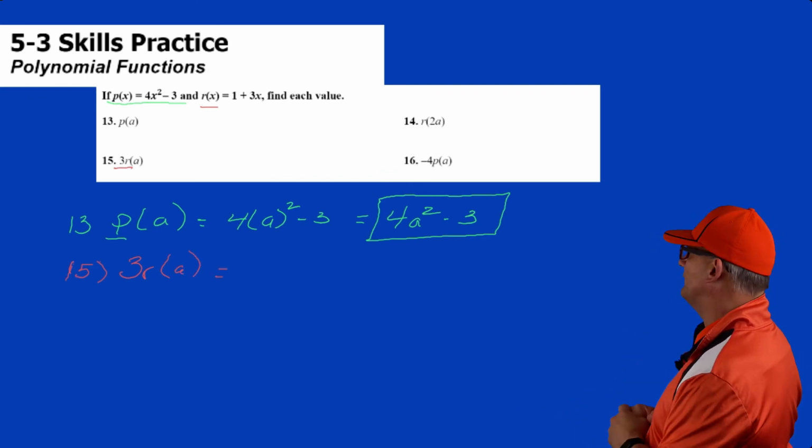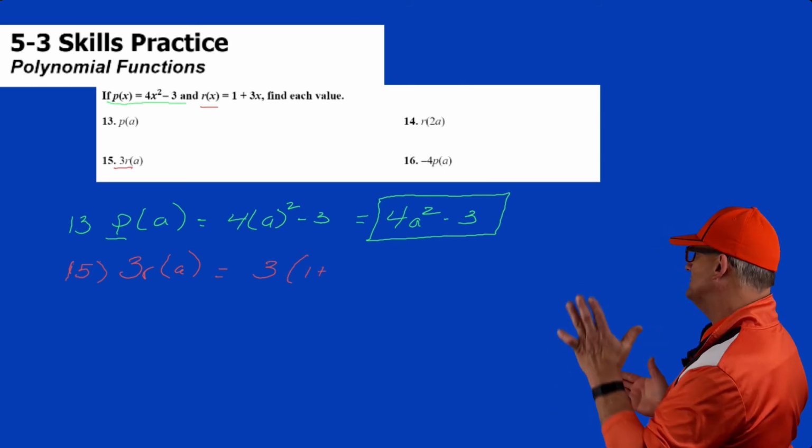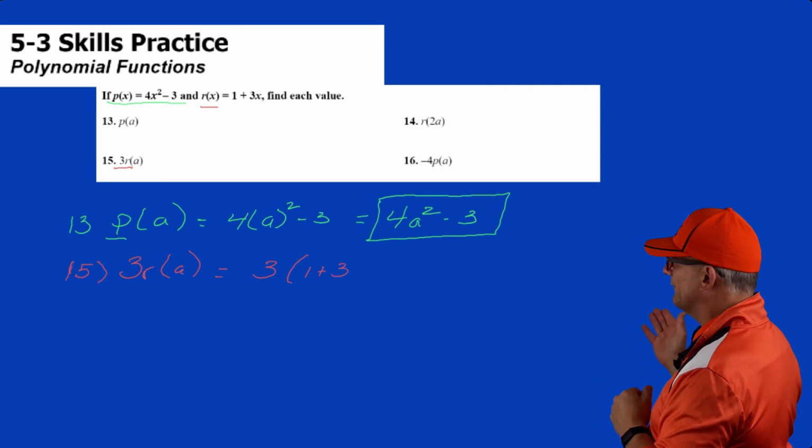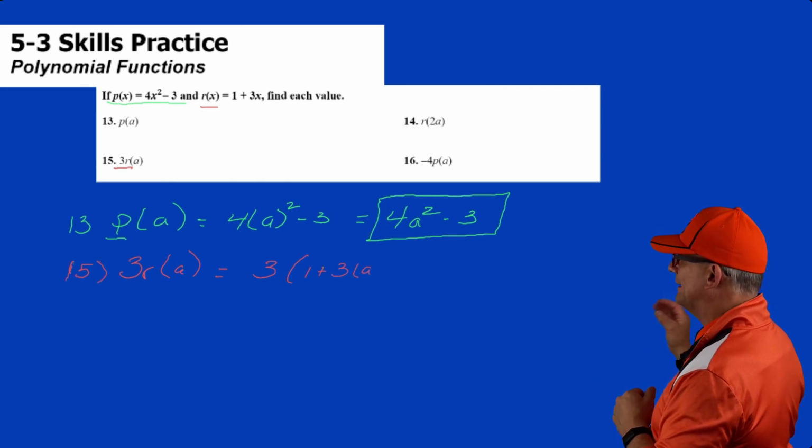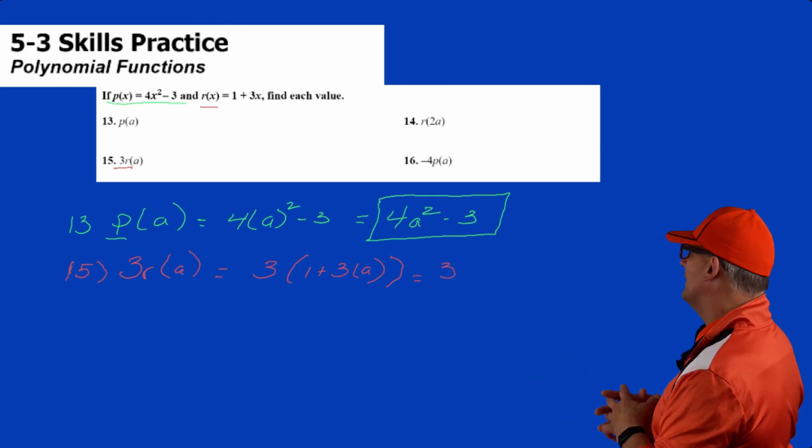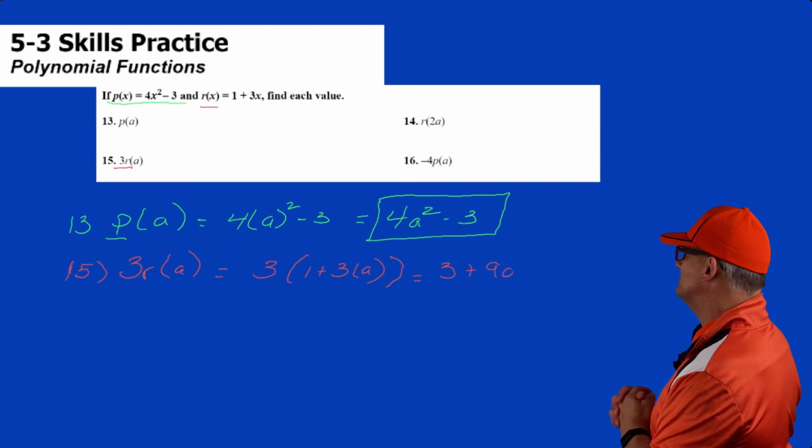All right, so actually let's move on to 15. 3R, right? So what am I going to do? I'm going to put 3R, right? And then I'm going to put in what? I'm going to put in the 1 plus 3 times A in parentheses, right? And then we're just going to simplify. What do you get?